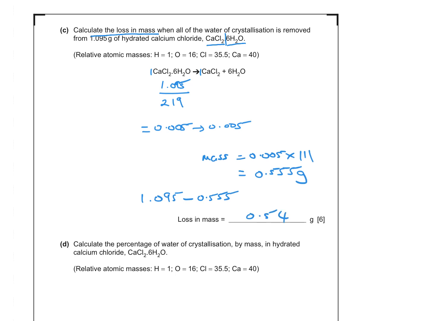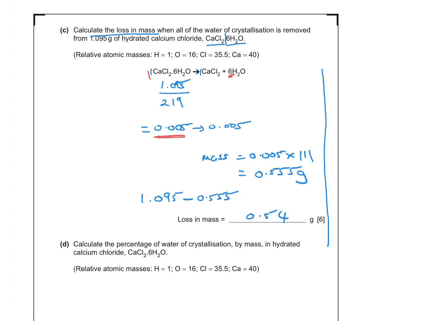Now, it's not the only way of doing this experiment or this calculation. And what you could do, once you find out the number of moles of the hydrated calcium chloride, you could then look to see, well, how many moles of water are formed or are produced. Well, you can see it's a 1-to-6.